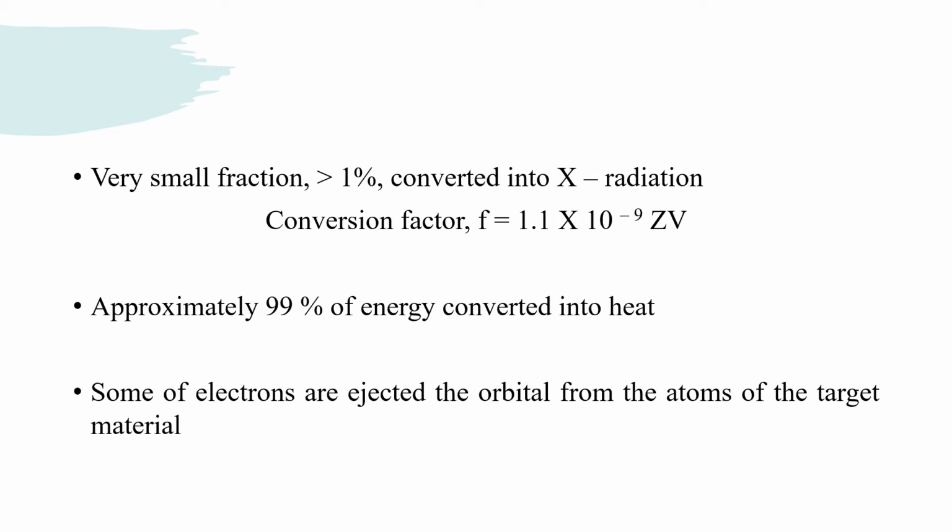So this is the equation of the conversion factor, showing how much energy is converted into the X radiation. Approximately 99% is converted into heat, and some electrons are ejected from the orbitals of the atoms of the target material.